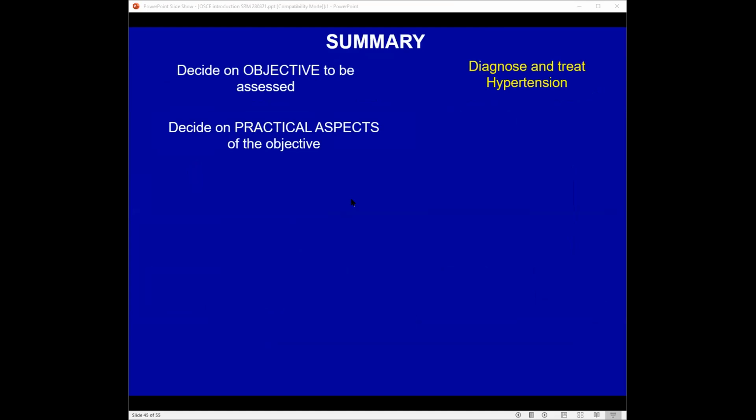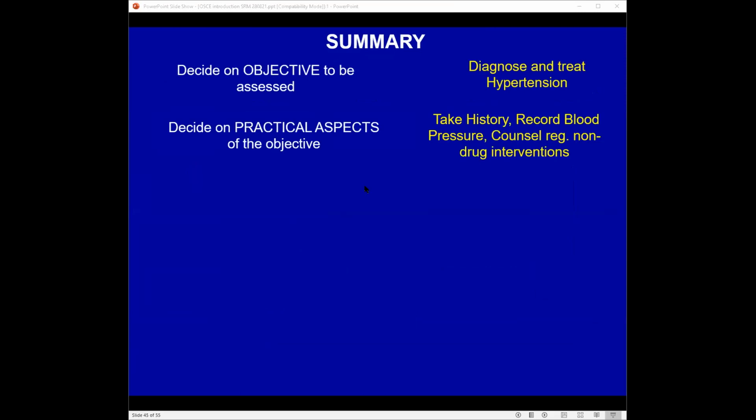So again, to summarize, like I said, we start with what is the objective that we are going to assess for today's exam. For example, that objective is the student must be able to diagnose and manage hypertension. Okay? If he is able to do that, what are the practical aspects which he should be able to do?